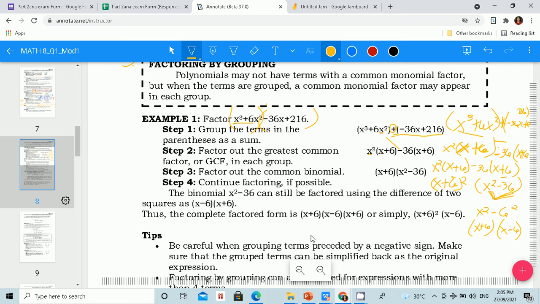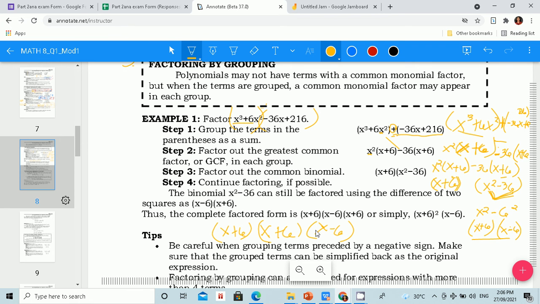We will add that one. We have x plus 6. For this factor, they are the same. Oh, sorry class, we will not write the square here, because it's a factor, we just write it once, but here it is squared. Then we also have another factor: x plus 6 and x minus 6.